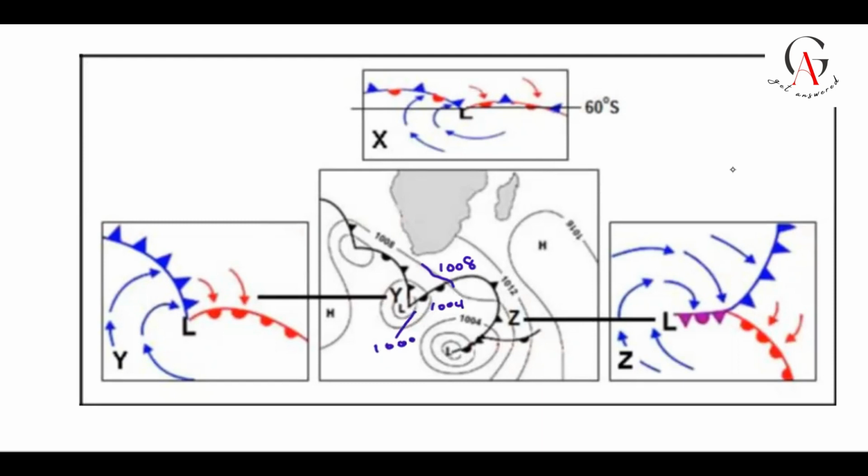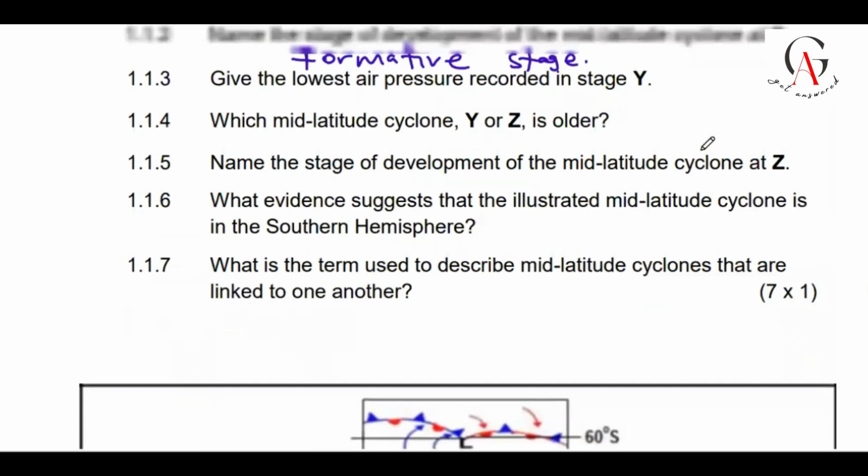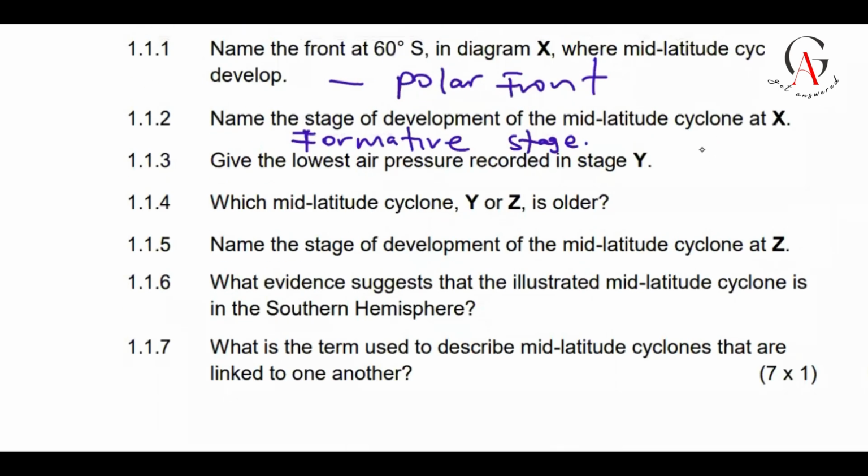So it shows that pressure is decreasing from 1008 to 1004 to 1000 HPA or MB. So our answer for this case is going to be 1000 HPA or MB. All right.